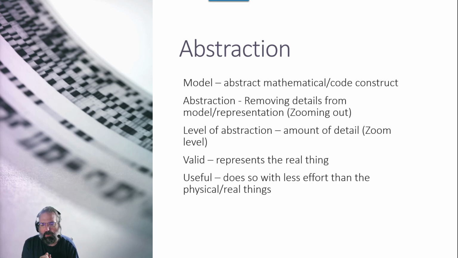It is a model of a real thing, if you will. Abstraction is removing details from the model and representation. You can think of it as zooming out, if you will. The level of abstraction is the amount of detail, so think of it as zoom level. Valid means it represents the real thing, so it's a valid model. And a useful model is one that does so with less effort than actually dealing with the real thing.